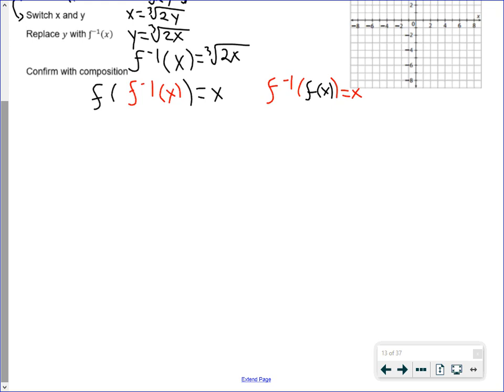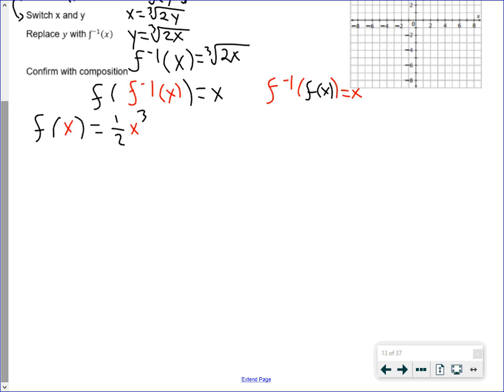So for the first one, we're going to write f of x, which we said was 1/2 x cubed, as a function in terms of f inverse of x. Let me rewrite this really quickly so you can make it a little more clear. So f of x is 1/2 x cubed.